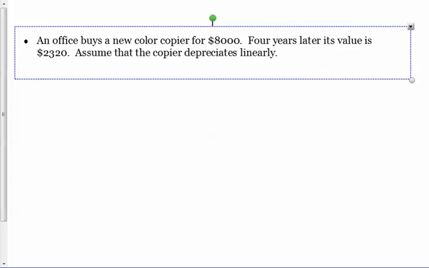An office buys a new color copier for $8,000. 4 years later, its value is $2,320. Assume that the copier depreciates linearly. So here you have to think of 2 points. At the initial time it's $8,000, and 4 years later its value is 2,320, so the point is 4 years, comma 2320.